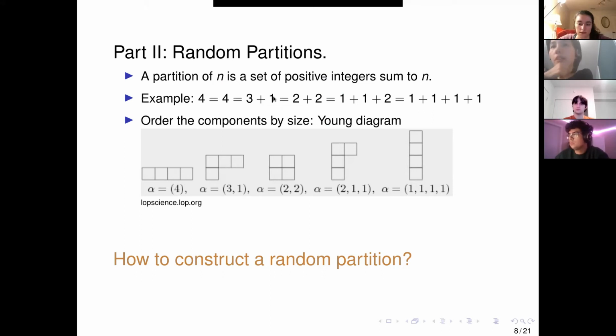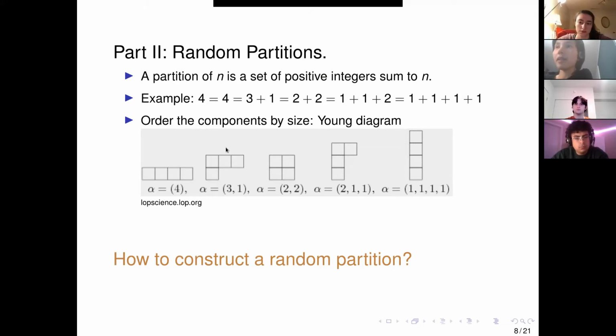It's very common in combinatorics to keep track of these partitions using what's called a Young diagram. A Young diagram looks a bit like Tetris. The total number of boxes is my integer n, the number of rows is the number of parts I'm partitioning into, and the number of boxes in each row is the size of that part.